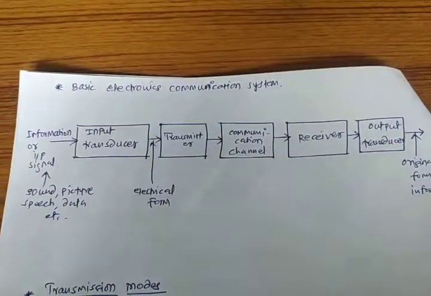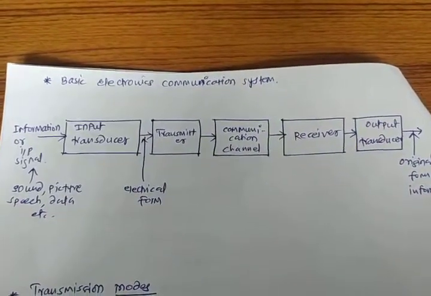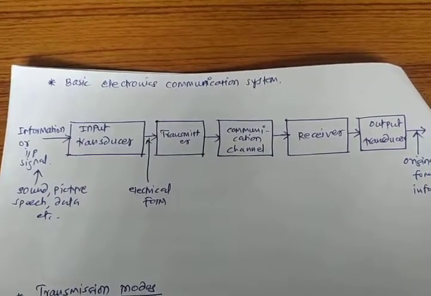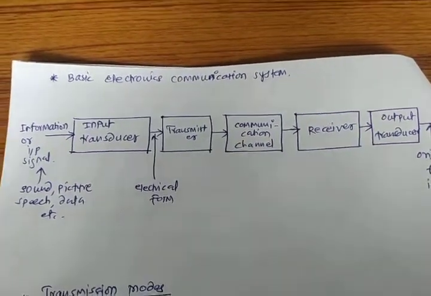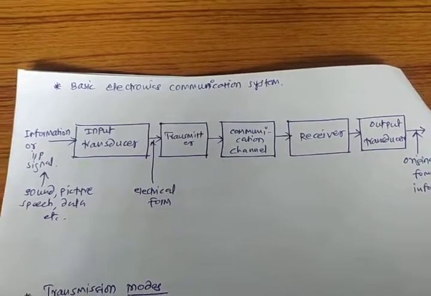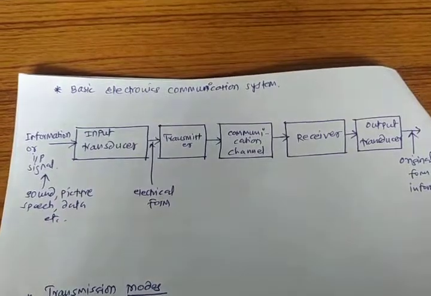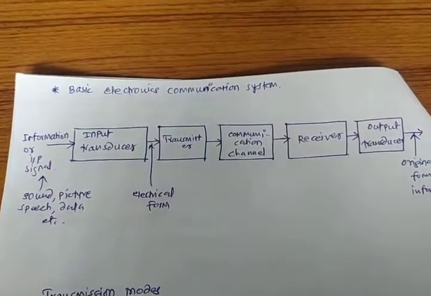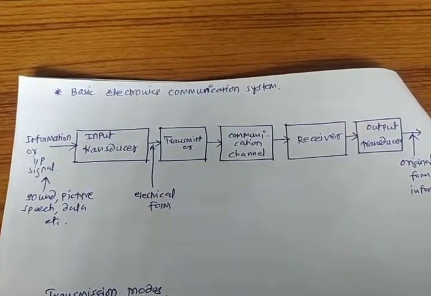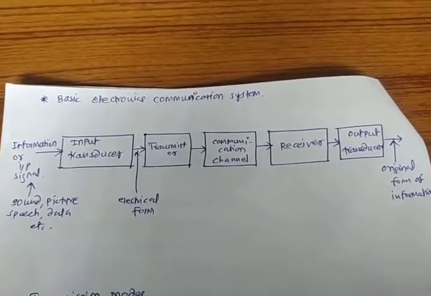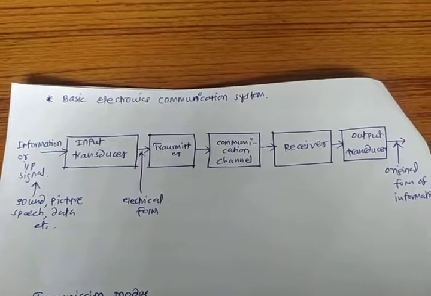So basically, here on your screen you can observe the basic electronics communication system. This is the most important block diagram of the electronics communication system. Whenever we perform communication, or transmit a signal from a transmitter to the receiver, how is the communication done, and how do we transmit and receive the signal?